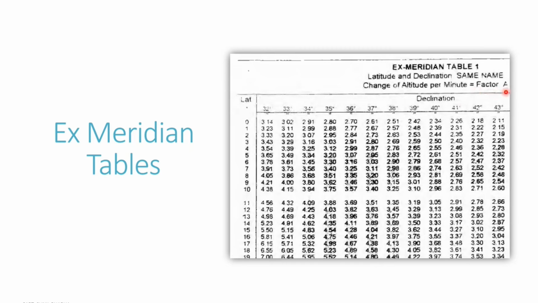It is mentioned as factor A. So we have obtained the factor A from Ex-meridian table 1. In this particular example, we have taken 40 degree declination and 10 degrees latitude, and it comes to be 2.96. After obtaining this factor A, we enter into table number 4.